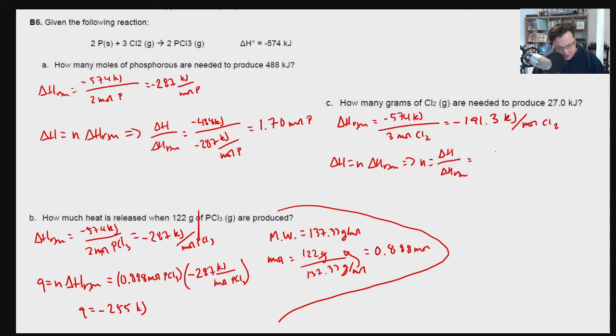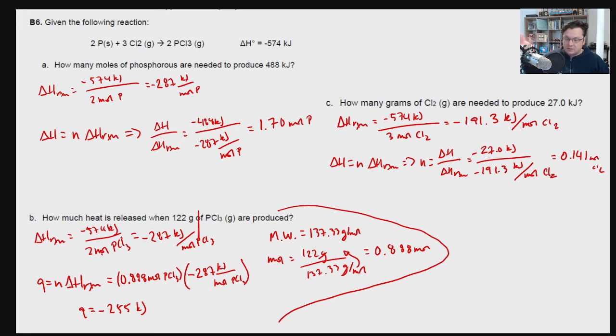That comes out to 27.0 kilojoules divided by, that should be negative 27, because we're producing it, we're releasing that amount, divided by negative 191.3 kilojoules per mole of Cl2. So negative 27 divided by negative 191.3 is 0.141 moles of Cl2. That's the number of moles that we need in that case.